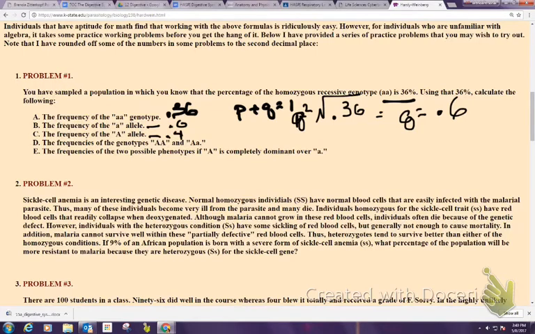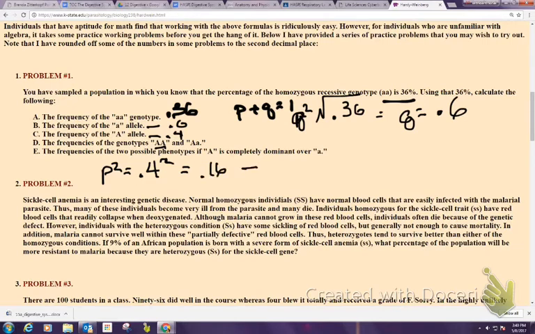And then we've got to do homozygous dominant. That's going to be P squared, so 0.4 squared. 0.4 times 0.4 is 0.16.